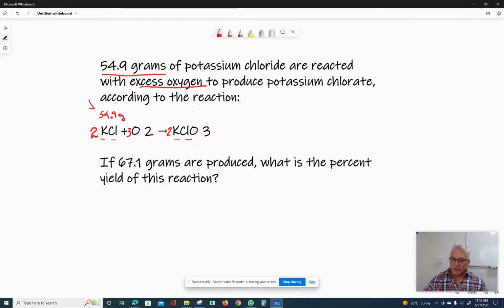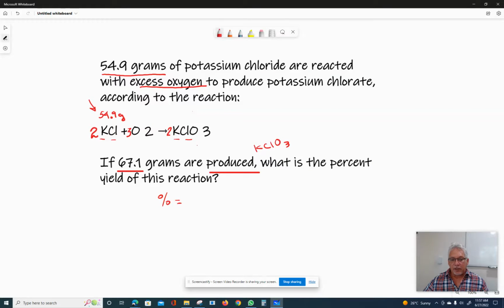So the only substance that we need to be doing the calculation with is the potassium chloride to produce potassium chlorate according to this reaction. If 60.1 gram are produced, they're referring to the product. What is the percent yield?